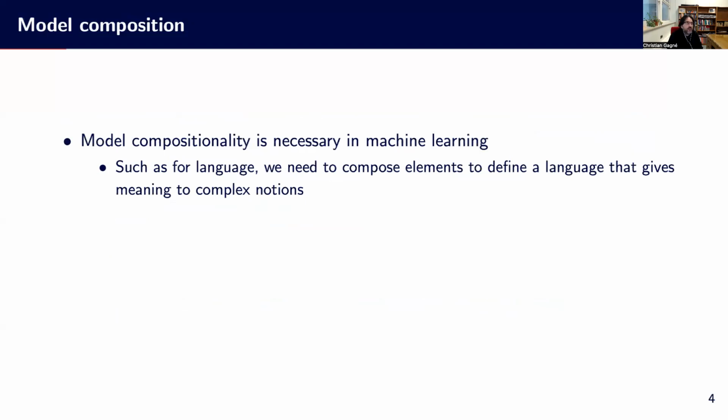And the idea of making deep neural networks is also that we need to make use of model compositionality, which arguably is required in machine learning. Think about language. Language expresses really complex ideas.